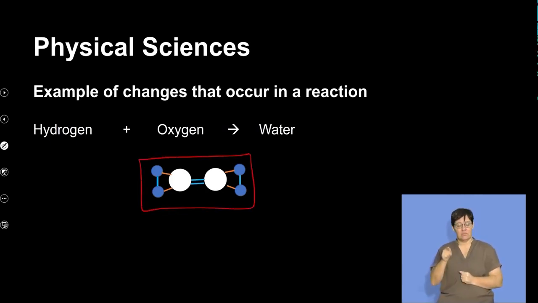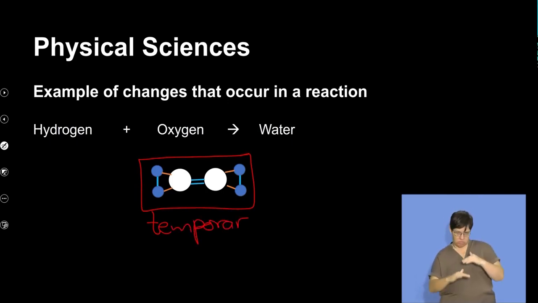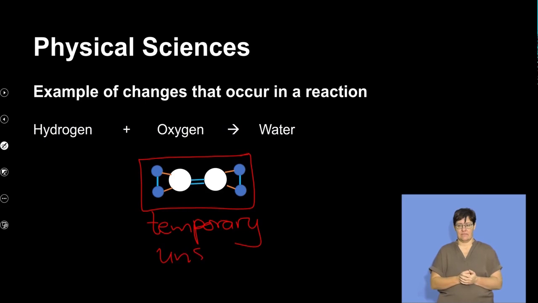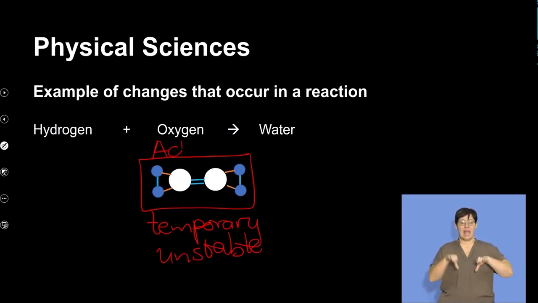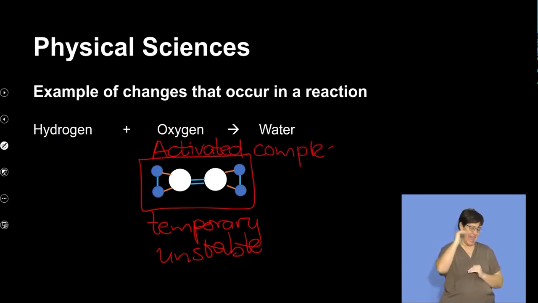But there is a temporary, unstable, uphill, as we call it, period in this chemical reaction, and we call that the activated complex. It's got high energy at this complex. We call it energy hill because there's so much energy.